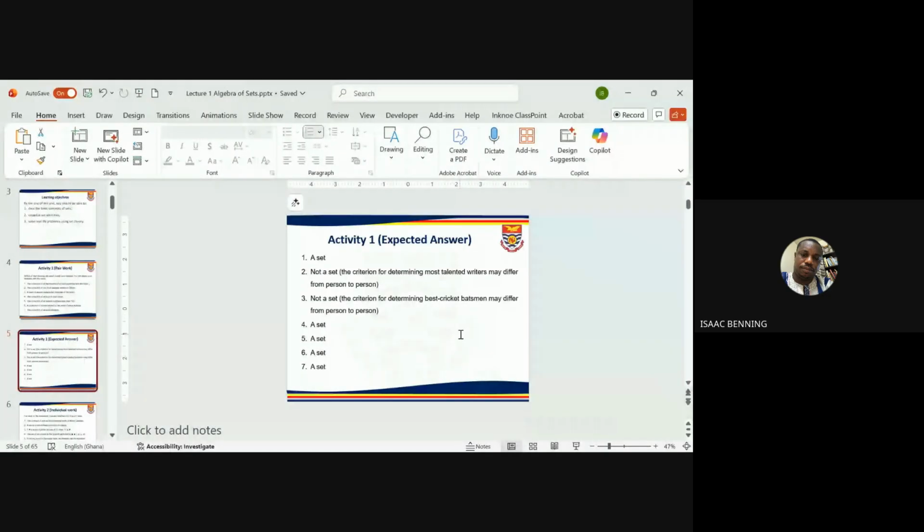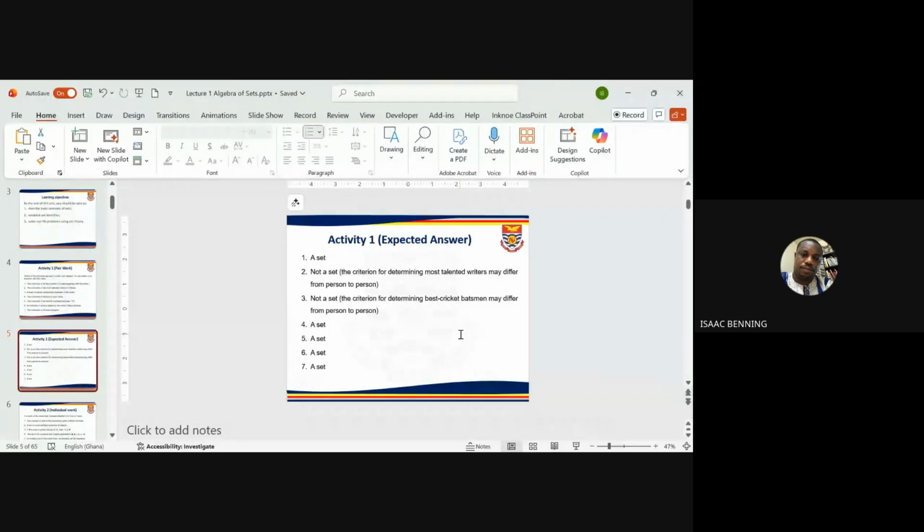What I will consider as the most talented writer, you may consider a different person. So it's also similar to, for example, in Ghana, when I ask a class to write the 3 best players in the Black Stars.